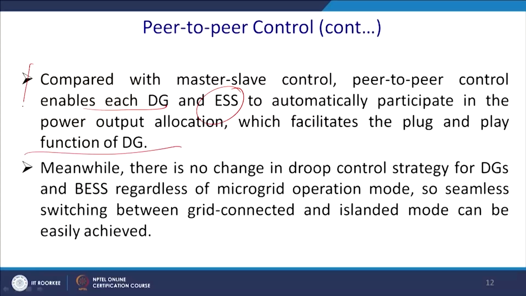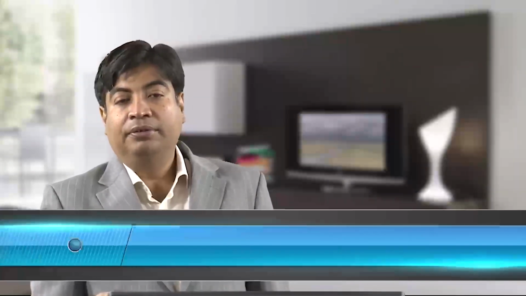That is one of the major advantages of the peer to peer connections. It allows plug and play type devices. So, you can add on and you can get rid of any load at your wish without having much problem in the overall microgrid, and that aspect is generally missing when you have a master control.